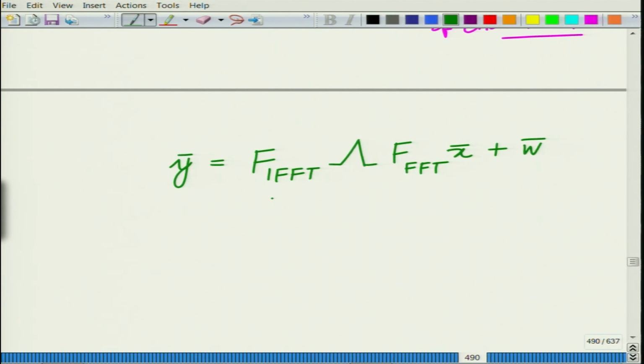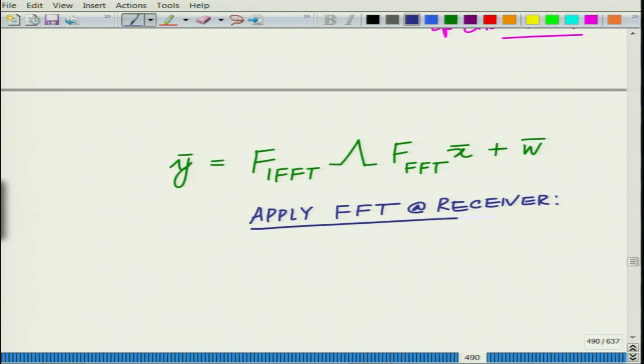Now, this part is similar to OFDM. Apply the FFT at the receiver.